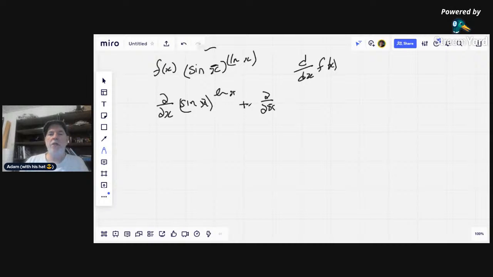So this is my experience here. There's a little bit of lag when I use this, and I think it's because I'm demanding lots of resources here. Okay, and so again we've got sine of x bar, to the power of the logarithm of x, plain old x.